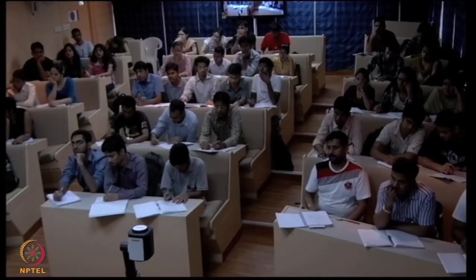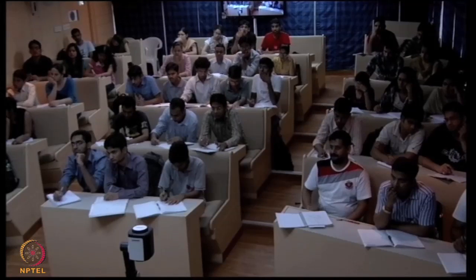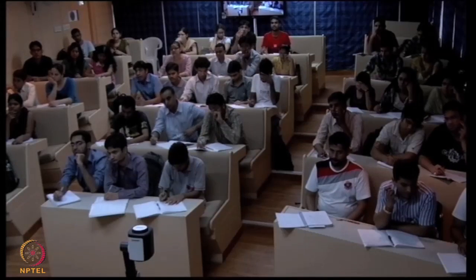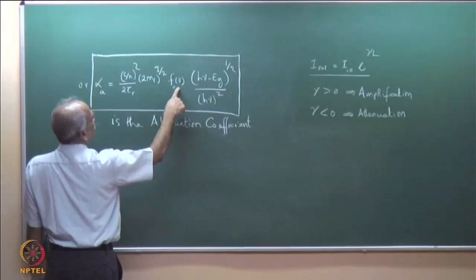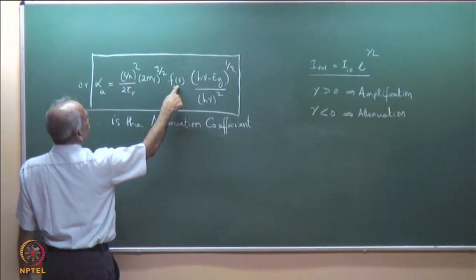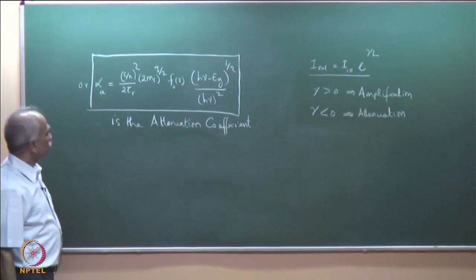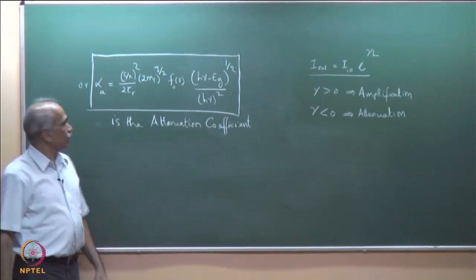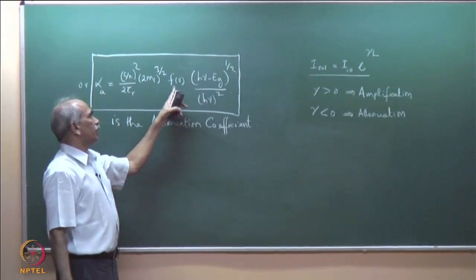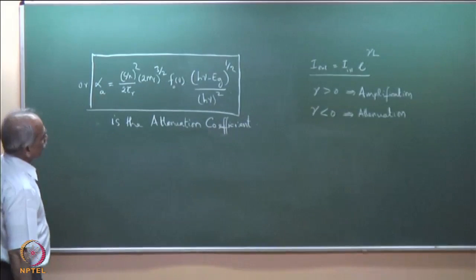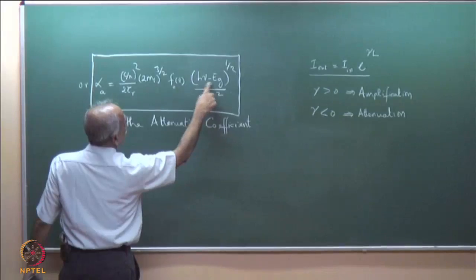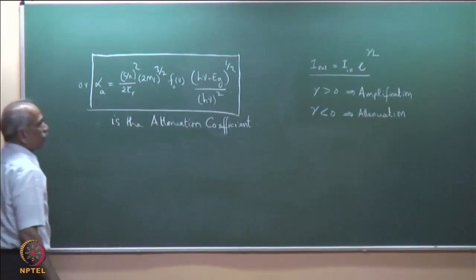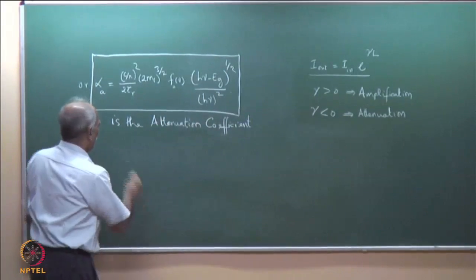So, alpha is a positive number, is the attenuation coefficient. If you see again that of course, there is a small frequency dependence here f0 of nu. What have we missed? We have not missed it. There is a frequency dependence here f0 of nu. Otherwise, it primarily depends on h nu minus E g to the power half and h nu whole square.